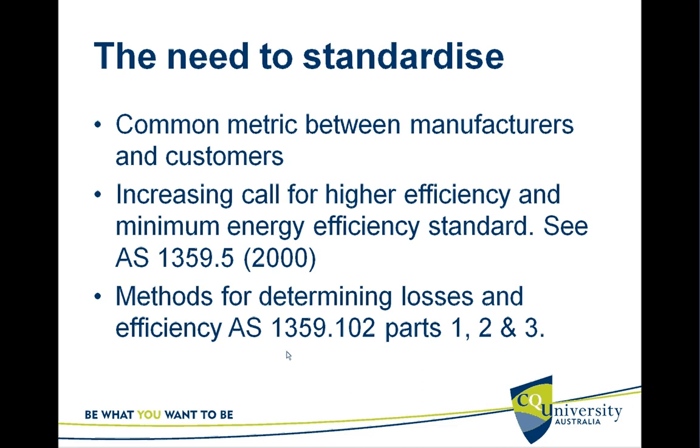Now all these things give rise to the need to standardize, which means we should have a common metric between manufacturers and customers. Now the increasing call for high efficiency and minimum energy efficiency standard can be found in this Australian standard 1359.5 in 2000.